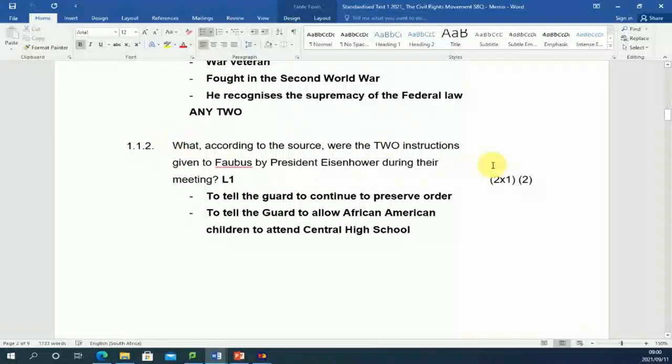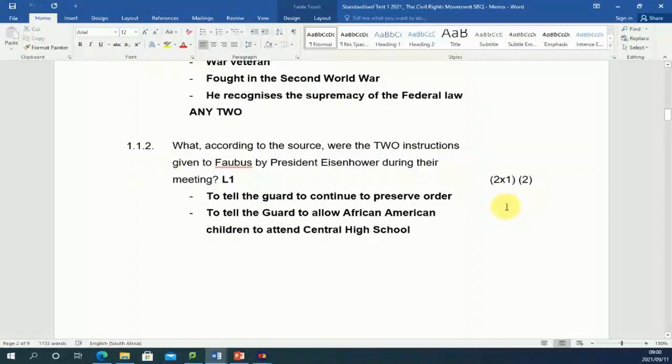What, according to the source, were the two instructions given to Faubus by President Eisenhower during their meeting? This again is a level 1 question, again reflected by the mark allocation, okay? The first mark tells us how many pieces of information we are looking for. The second mark then tells us how detailed that information must be.